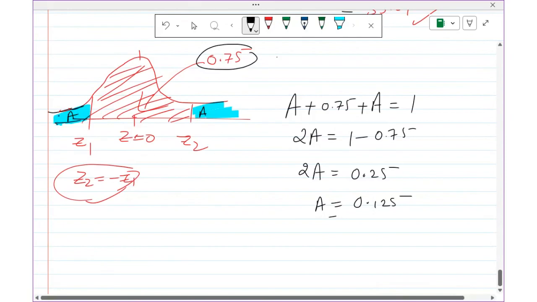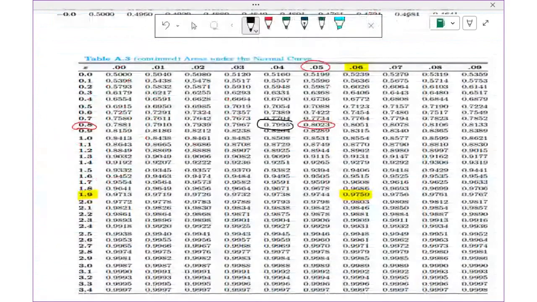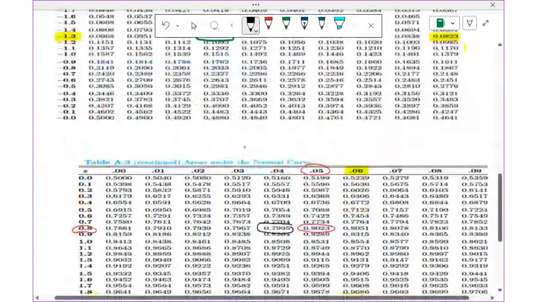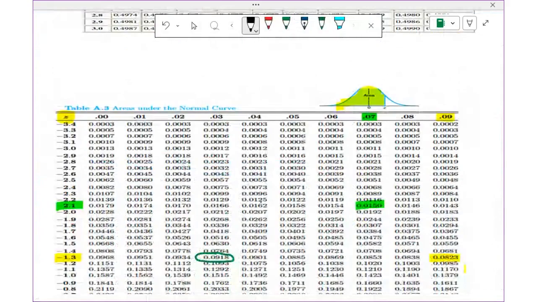Now, if I know the A, and if the left side value is given, then we are done. Then we can find this Z1. So let us see the table. Now, left side area was 0.125, so I will see where is 0.125. Yes, here the exact value is there, 0.125 area.